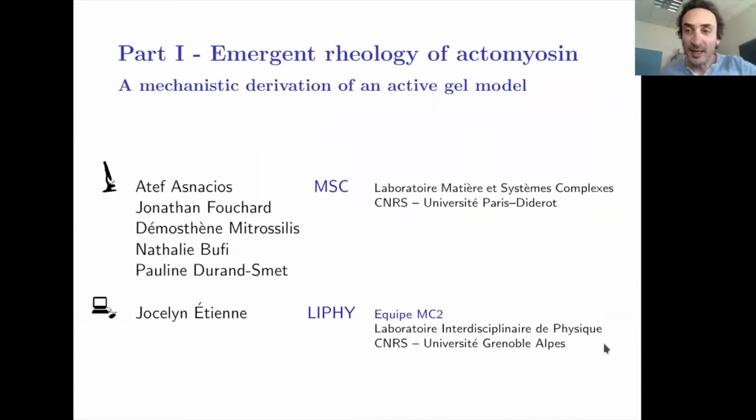So with that, I'll start with the first part of the talk, which is joint work with the team of Atefas in MSc and his then PhD students, and where we've used an experiment which was very biologically minded of his to try to understand how actomyosin works in terms of its constitutive relation.